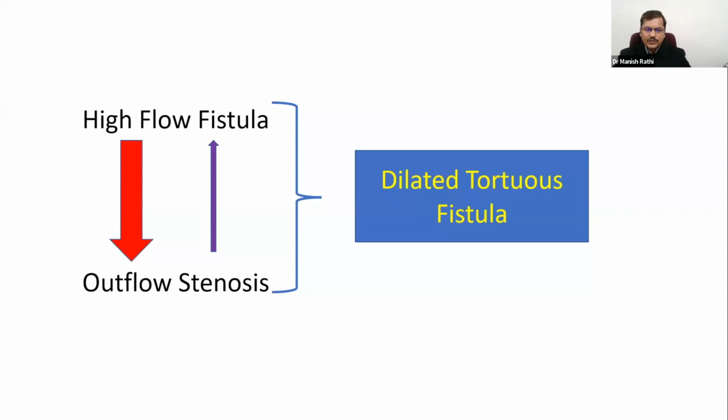Because of the high flow fistula, this turbulence increases and causes damage over a period of time, resulting in stenosis. The other way around, outflow stenosis resulting in high flow fistula, can also occur, but to me it is less likely compared to high flow fistula resulting in outflow stenosis.